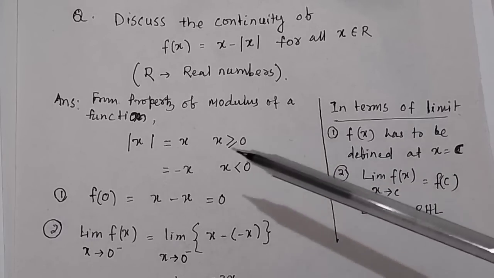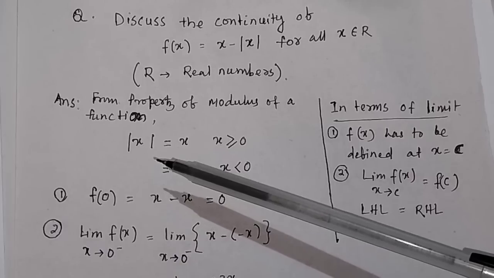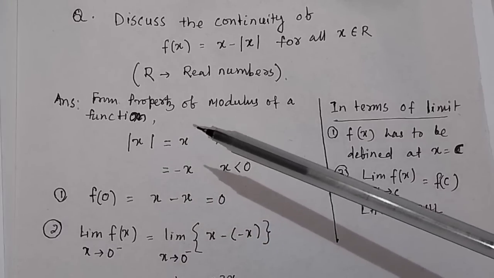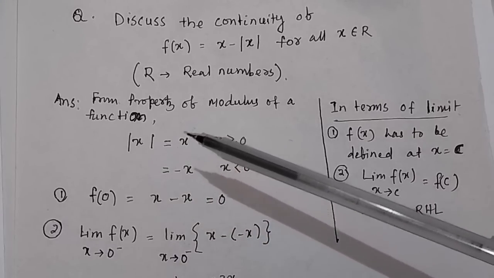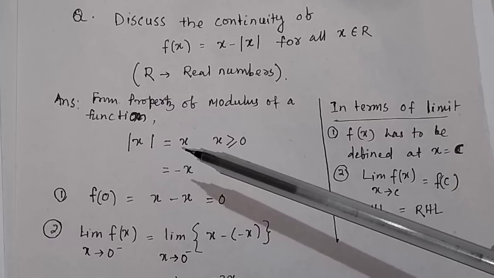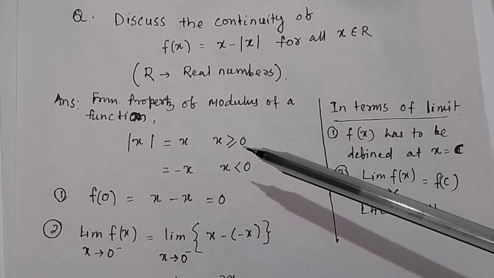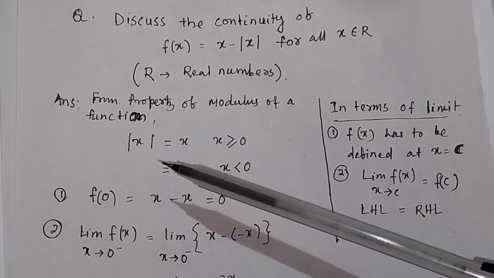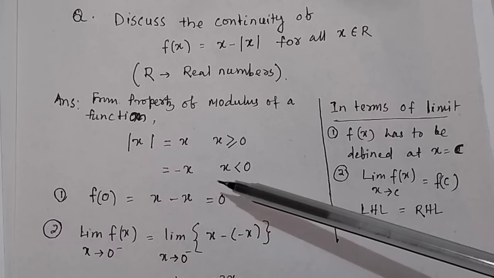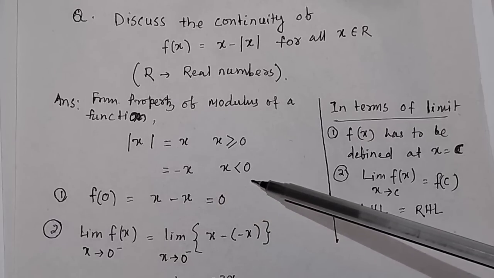Here the function is modulus of x, and from the property of the modulus function, modulus of x is equal to x if x is greater than or equal to 0, and modulus of x is equal to minus x if x is less than 0.